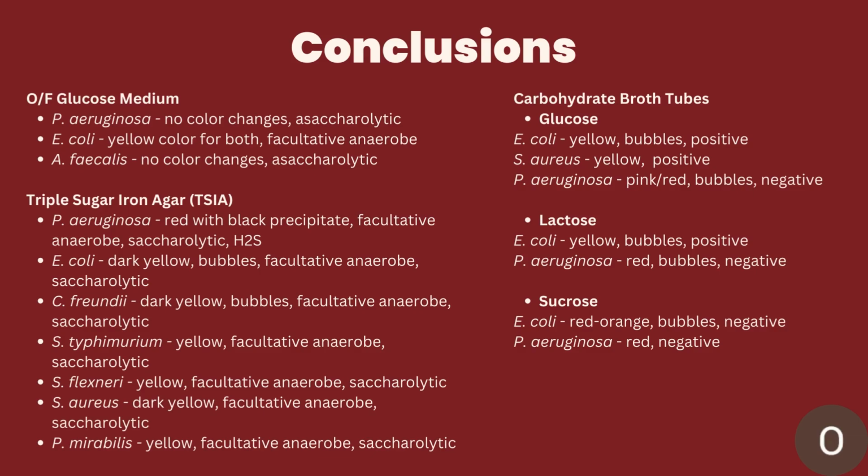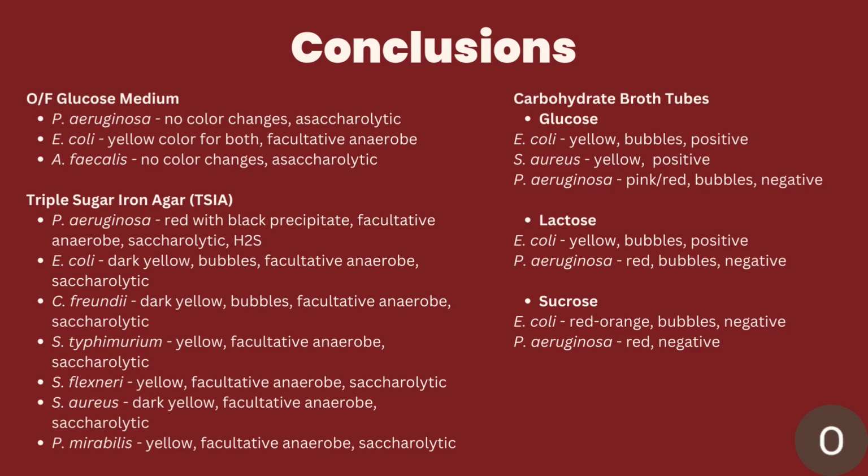And the rest of the bacteria here were also facultative anaerobes and saccharolytic, just like E. coli, according to our tests. For the carbohydrate broth tubes, the glucose tests, and these carbohydrate broth tube tests help to determine the ability of the organism to ferment or break down these specific sugars with or without the production of gas.